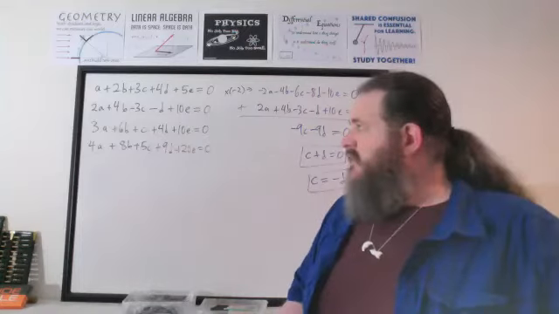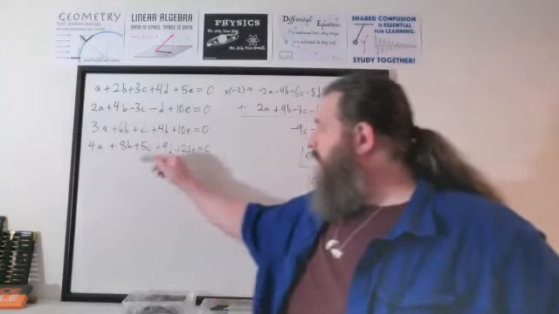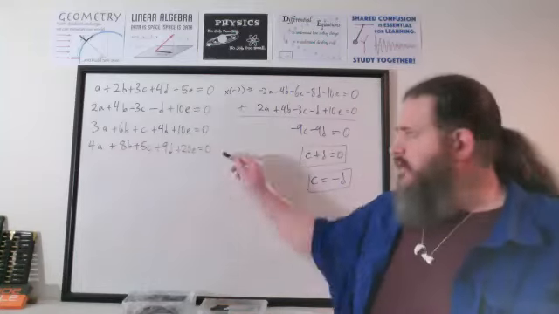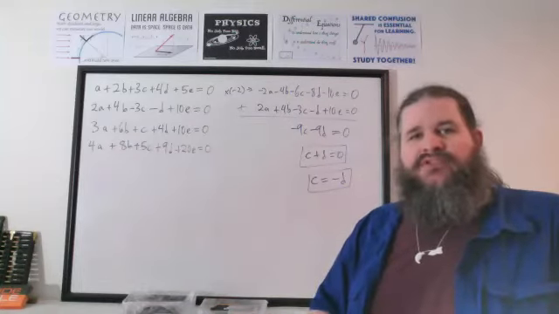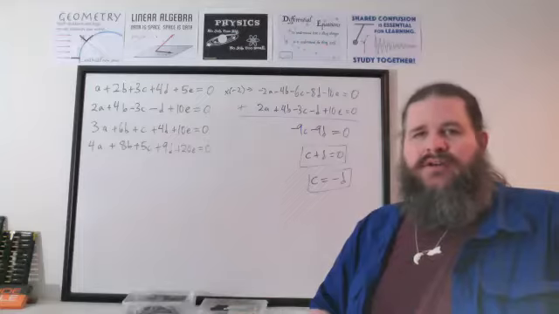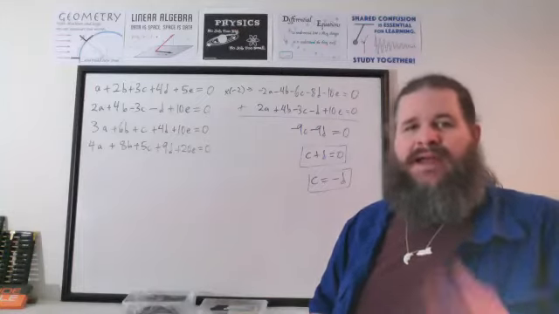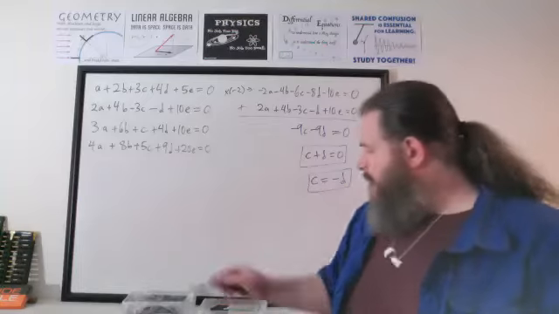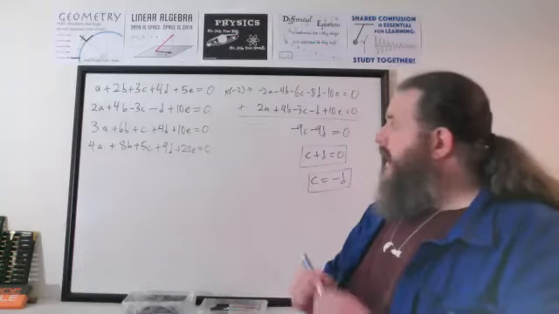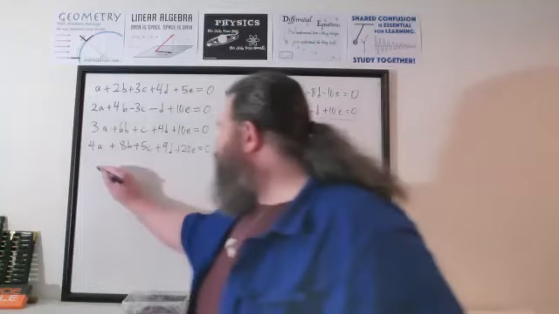We could just list it as 4, 8, 5, 9, 20, 0, with the assumption that the variables don't need to be listed. We already know that these are going to be multiplied by A, B, C, D, and E and added up. So let's just write this as a list of numbers.